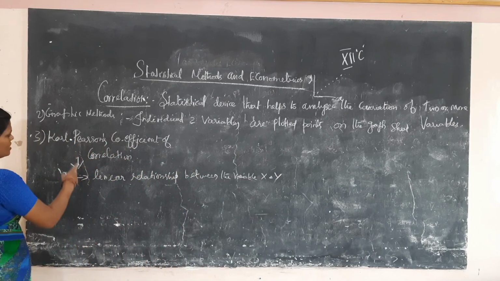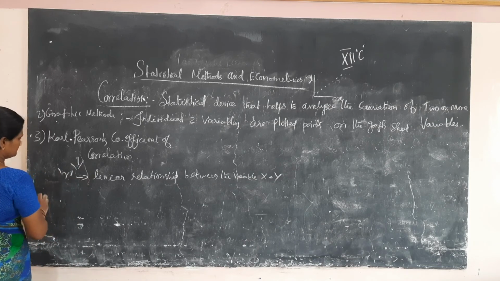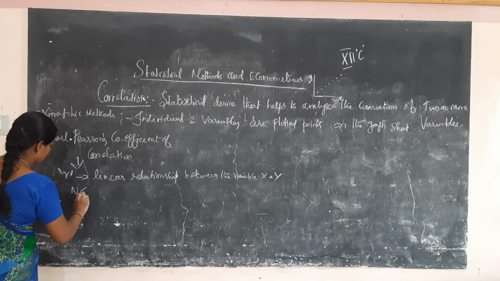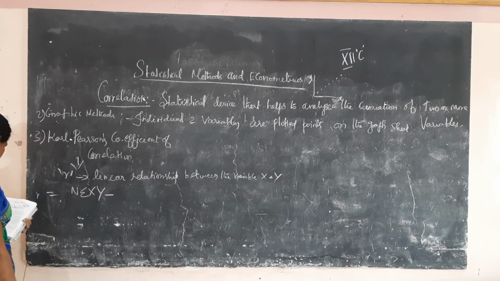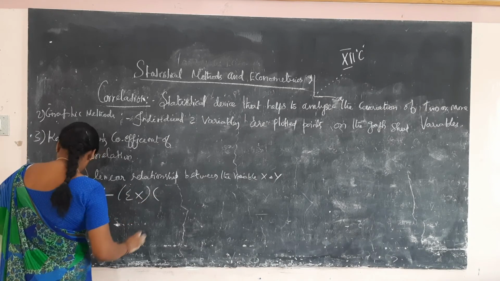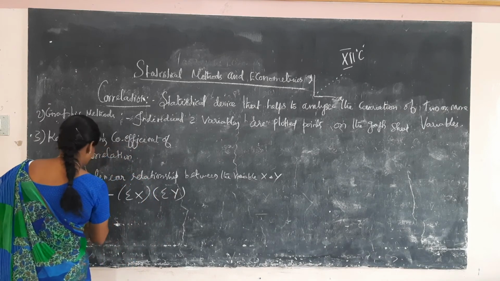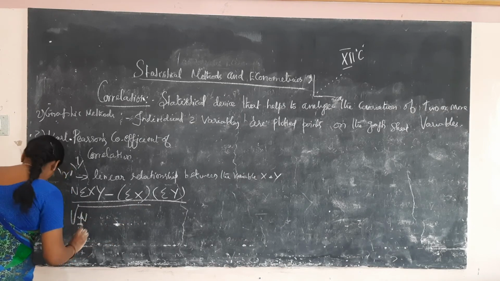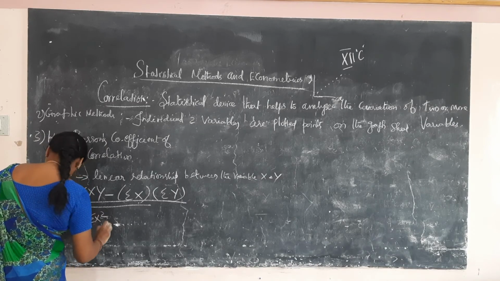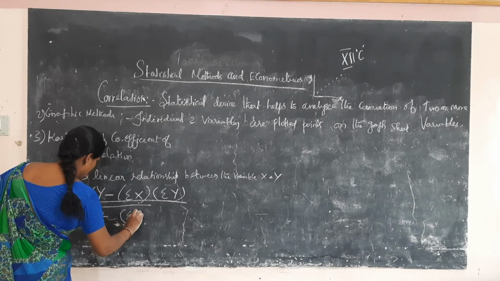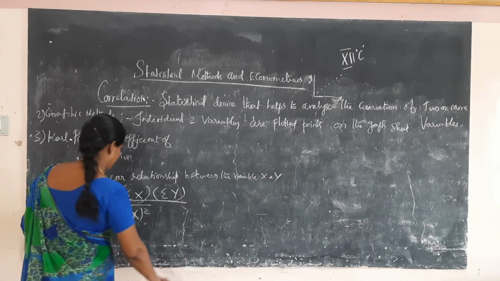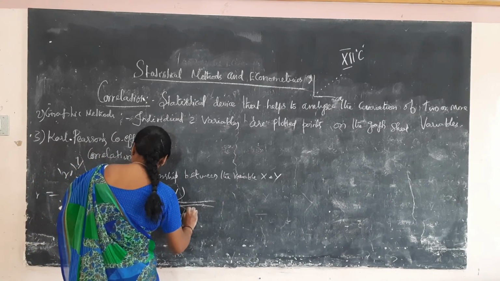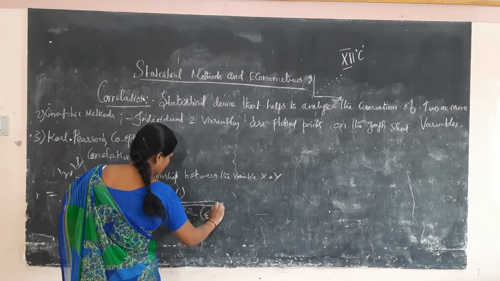Here the formula for computing Pearson's coefficient, which we have already seen, is denoted by the letter R. R is equal to n into sigma xy minus sigma x into sigma y, divided by root of n into sigma x square minus sigma x the whole square, and also into the root of n sigma y square minus sigma y the whole square.